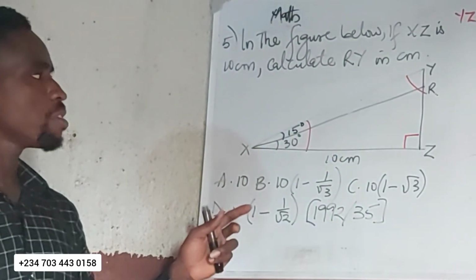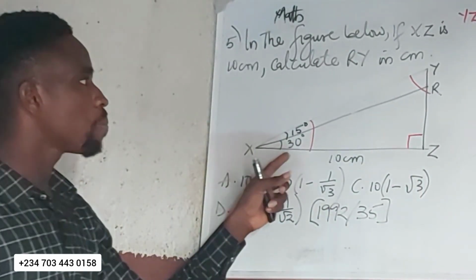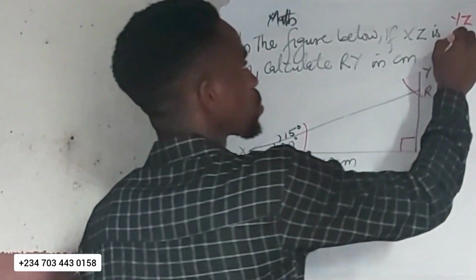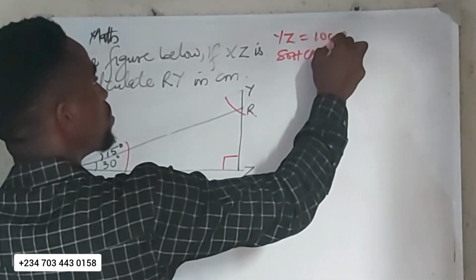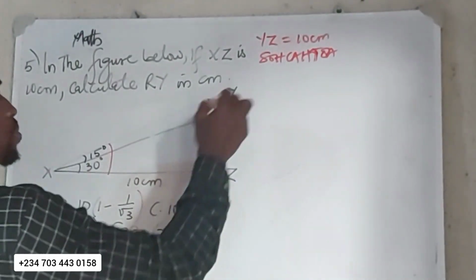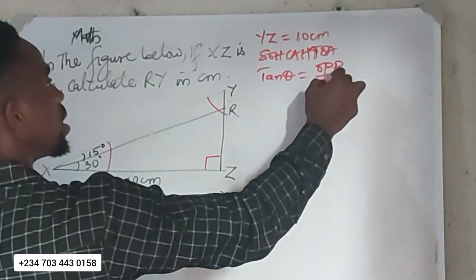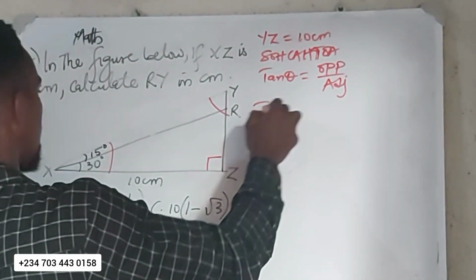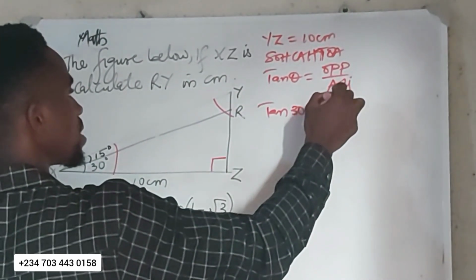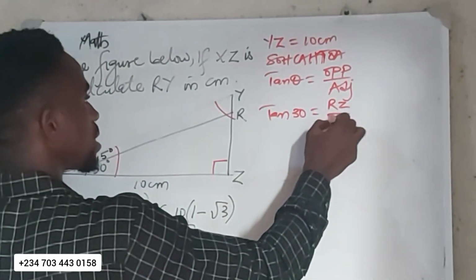Okay, so how do you now find it? Looking at the smaller triangle, that is XRZ. The opposite is RZ and the adjacent is 10. So we have that tan theta is opposite upon adjacent. So tan theta in that case is 30, opposite, which is RZ, upon the adjacent, which is 10.